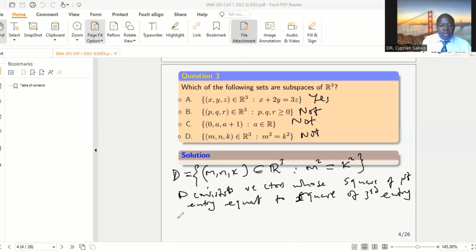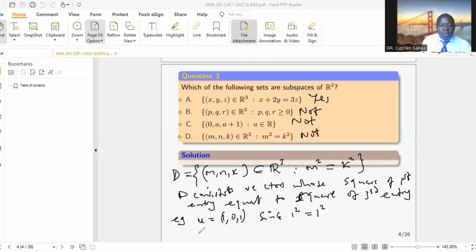So for instance, some of the vectors here will be like u, which is (1, 0, 1), since the square of the first entry, 1, is the same as the square of the third entry, 1.